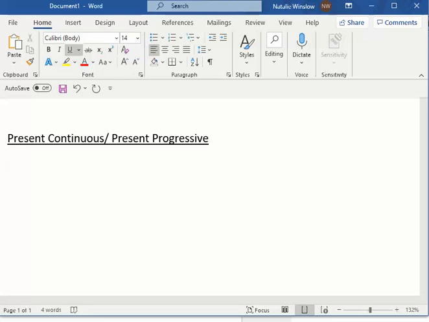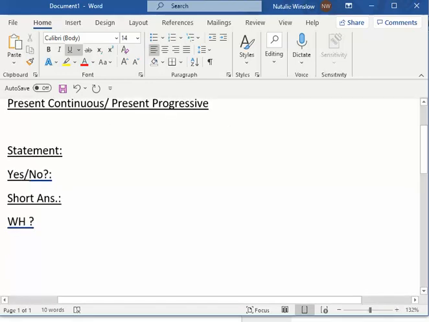So I will start out with the structure of the present continuous, just as I did with the simple present tense. So I'll give you a statement, and then we will do a yes/no question, and then a short answer, and a WH question.